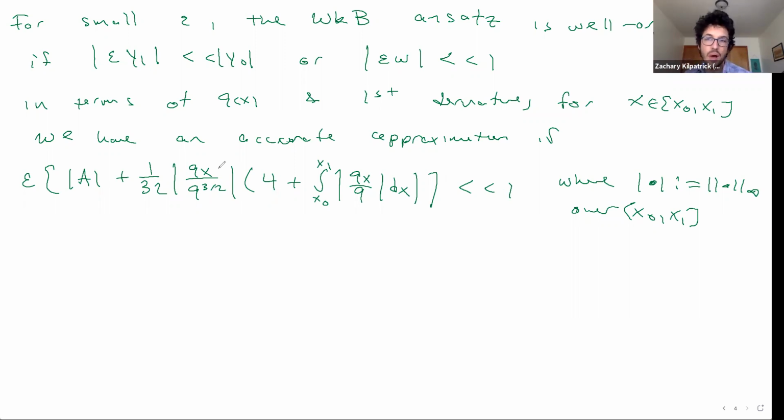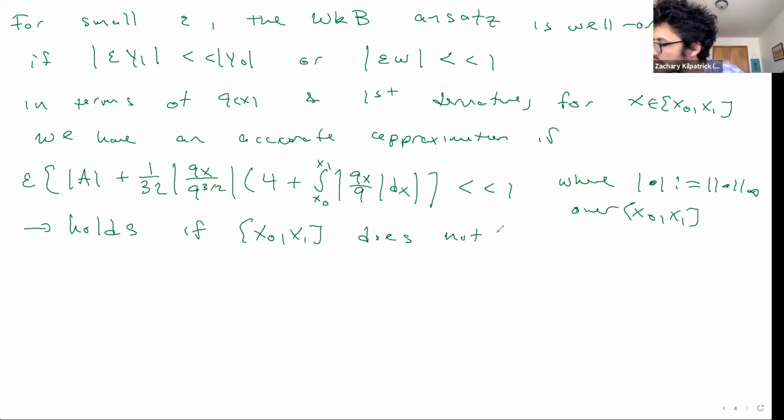Now the issue is going to come up with turning points, where q switches sign, and there we have to more surgically handle what happens at these interfaces of the solution where q is crossing through 0, and that's what we're going to deal with next. But just to sum up, this is going to hold if this interval of x does not contain a turning point.